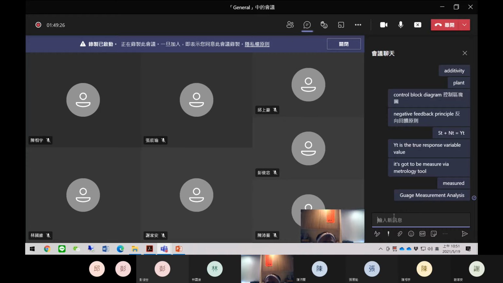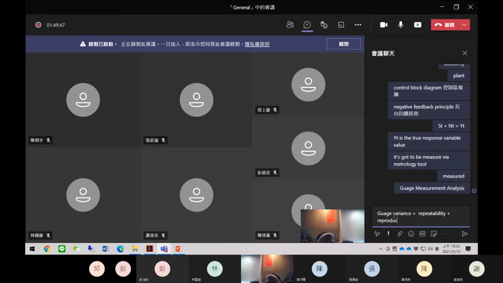So this is the gauge variance, equal to the repeatability plus reproducibility.